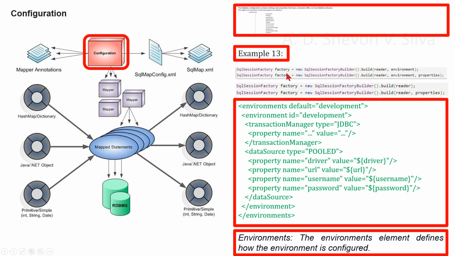To specify which environment to build, you simply pass it to the SqlSessionFactoryBuilder as an optional parameter. These two signatures accept the environments.